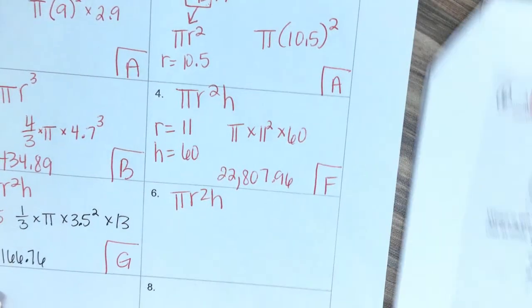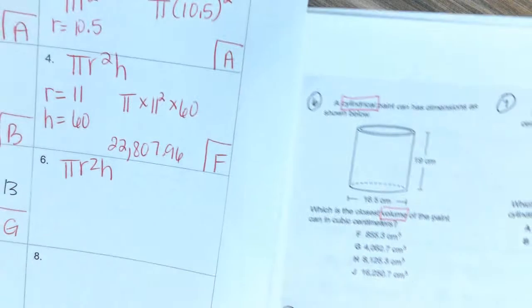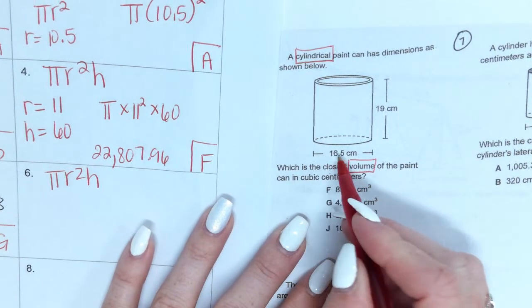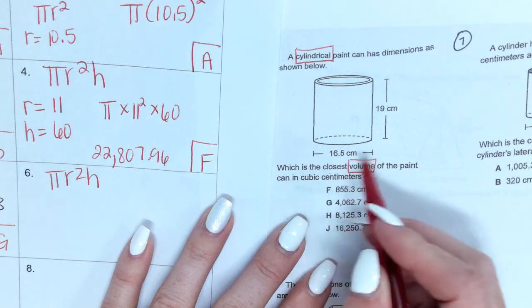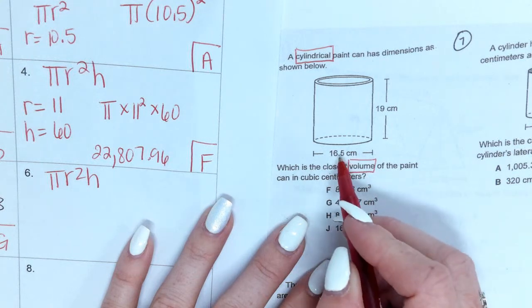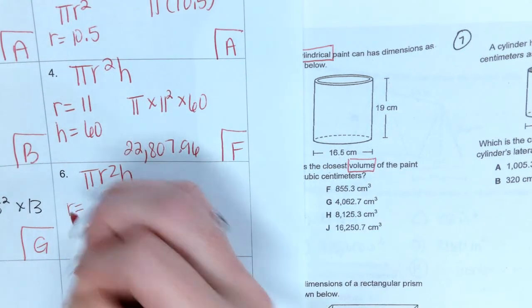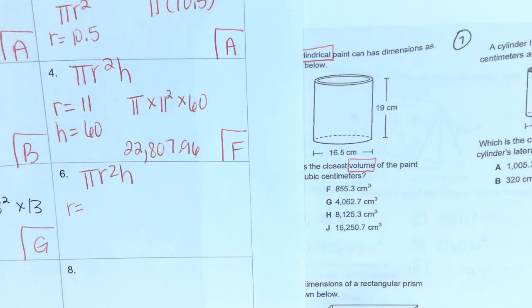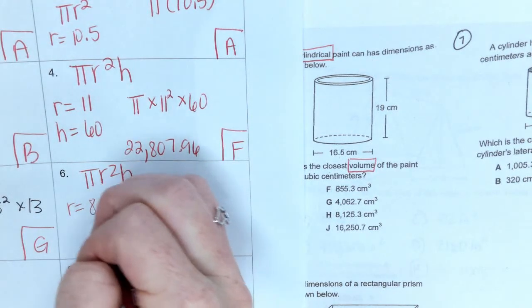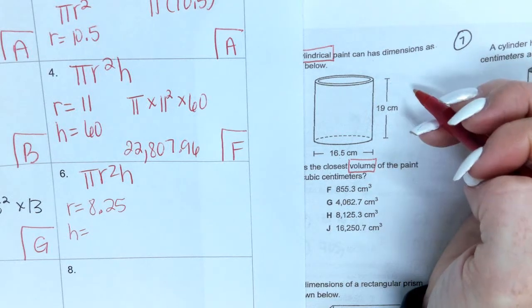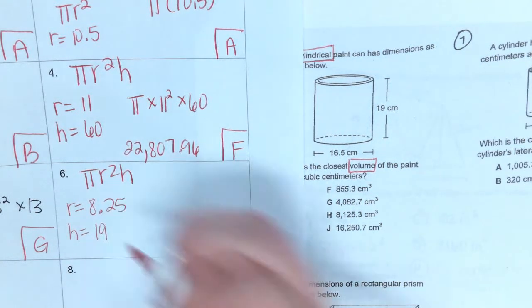All right, now I got to go see, did it give me what I need? Did it give me a radius? Yes or no? No. So what do I have to do to this number? Okay, so my radius is 16.5 divided by 2, which is 8.25. What is the height? 19.